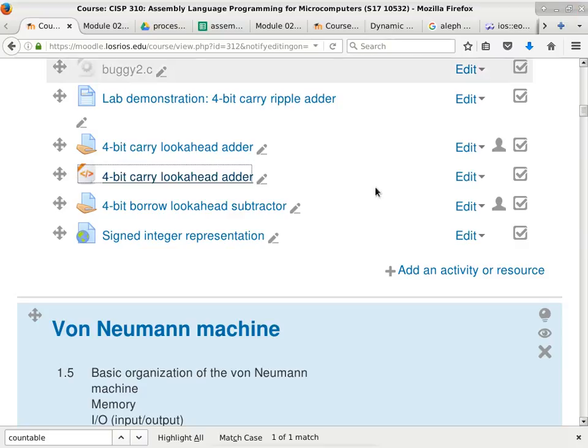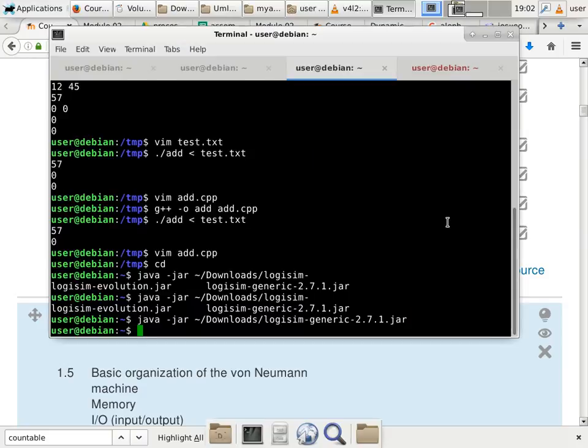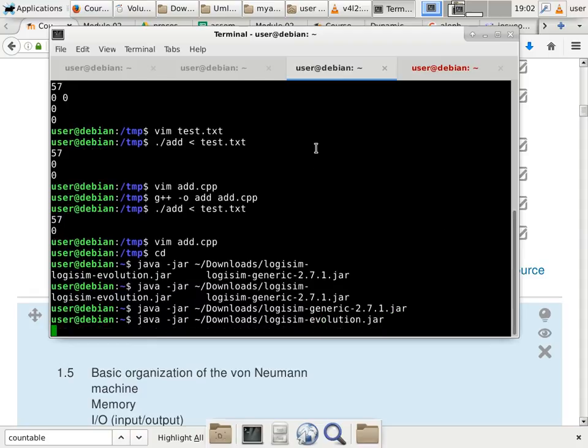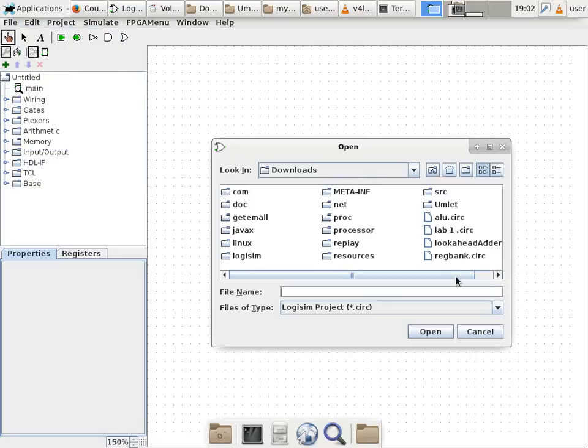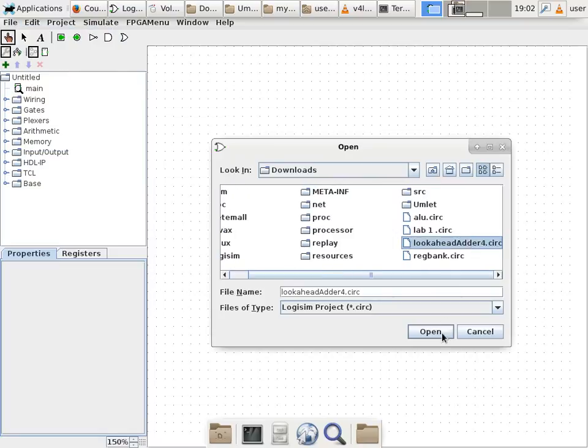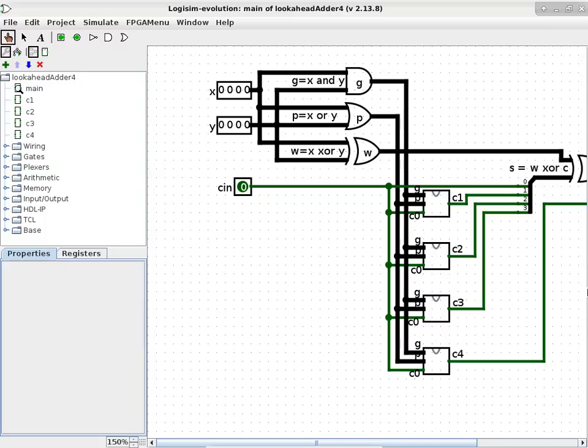You need to use the evolution. Yeah, so now it needs evolution to do it. So the two versions are not exactly compatible with each other. Darn it. Okay, there we go. All right, so this opens up just fine because, if I use evolution to create it, I have to use evolution to open it, and vice versa.